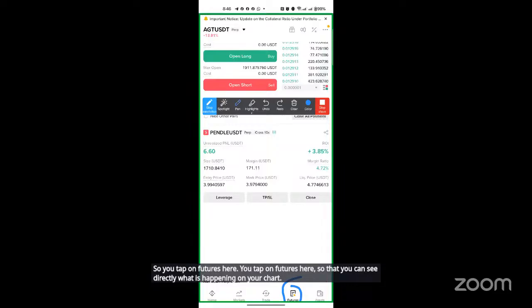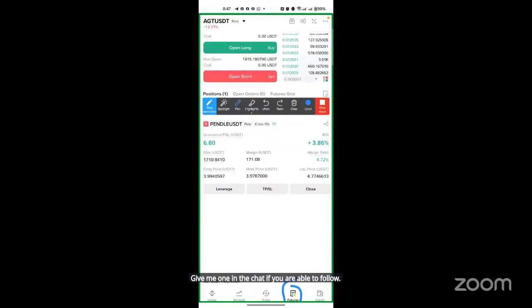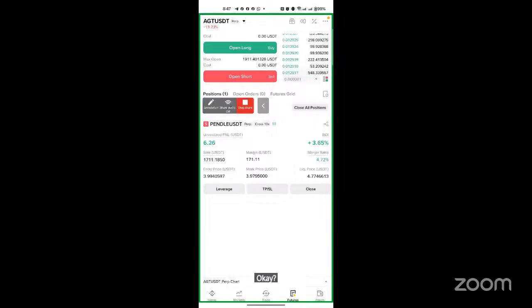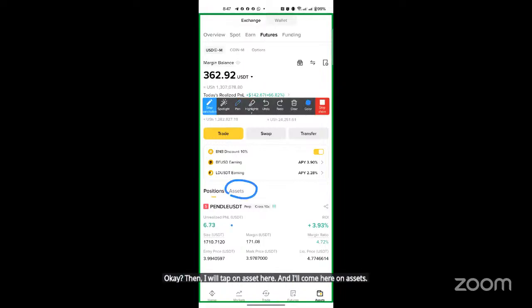Are you able to follow? Let me know. Give me one in the chat if you are able to follow. Okay. Then I'll tap on asset here and I'll come here on assets to know how much I have.